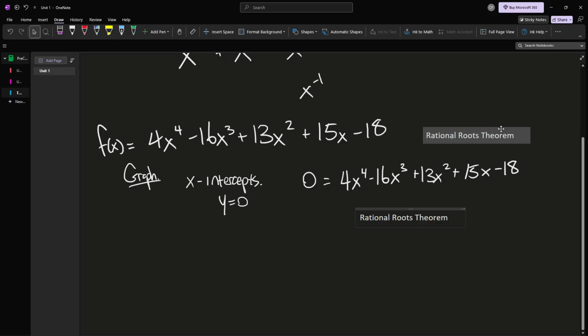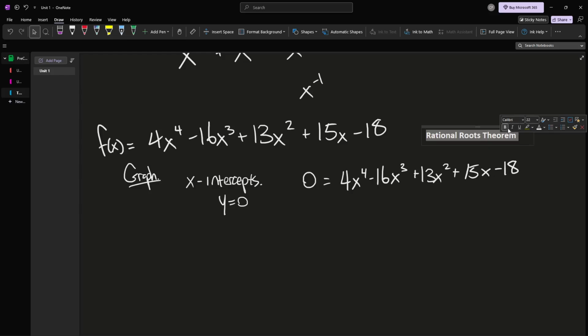It's an easy way to find roots. What it tells us is that I take all the factors of my last term, my constant term, and all factors of the coefficient of my leading term, my leading coefficient.